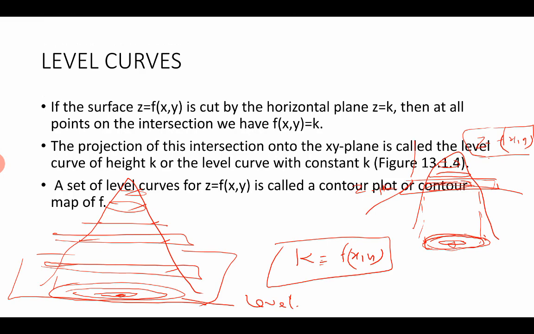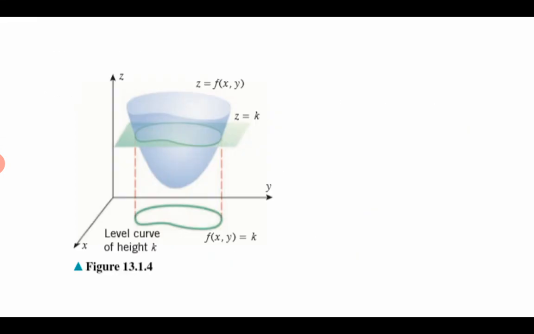Now let us see how to find the level curves. Here is another graph of level curves. We have been given a paraboloid shape, and we are cutting it with z equal to k. Its projection on the ground is f of x, y equal to k, determined by this equation.